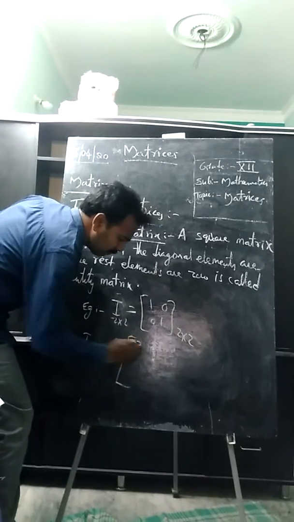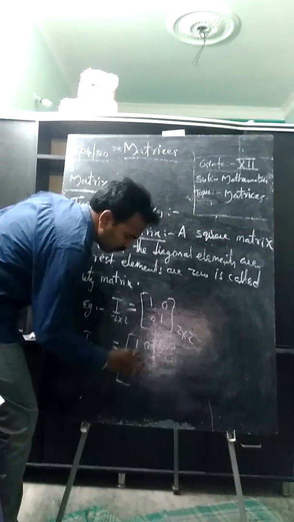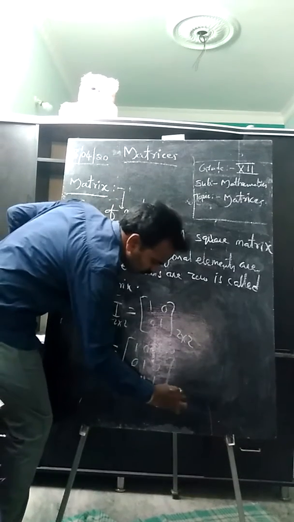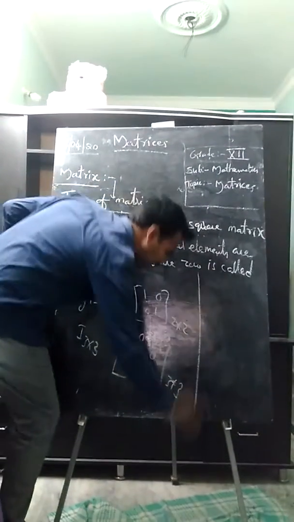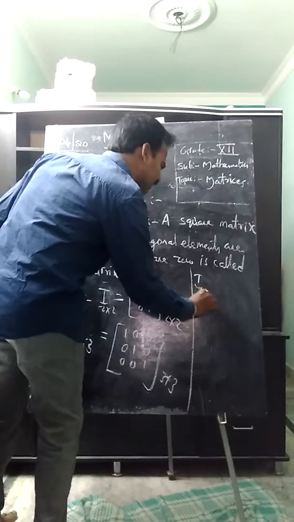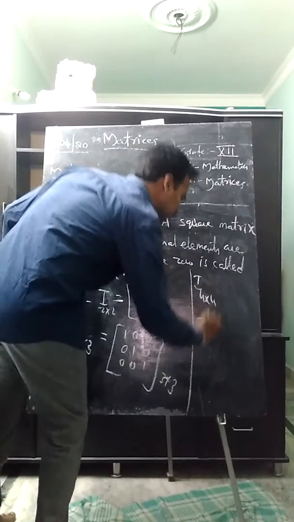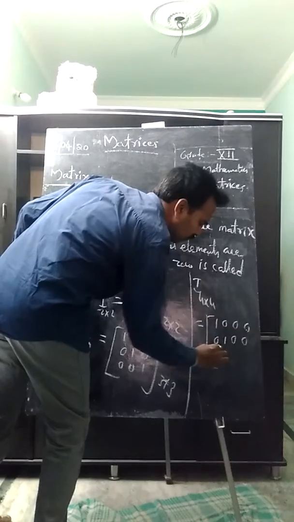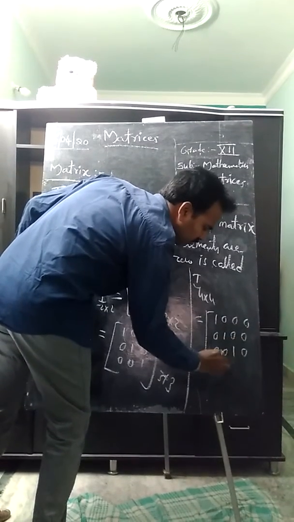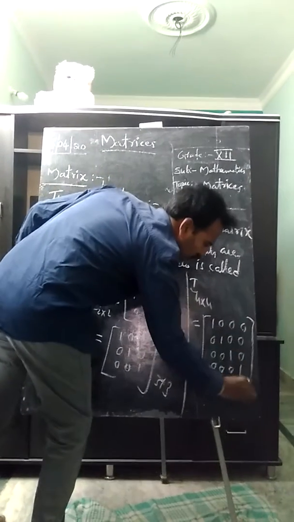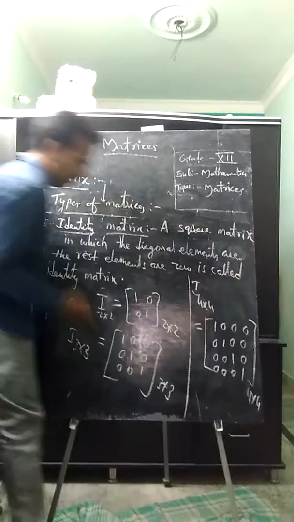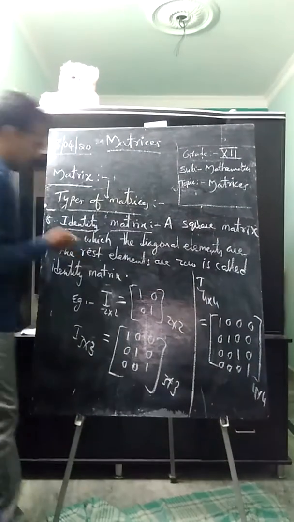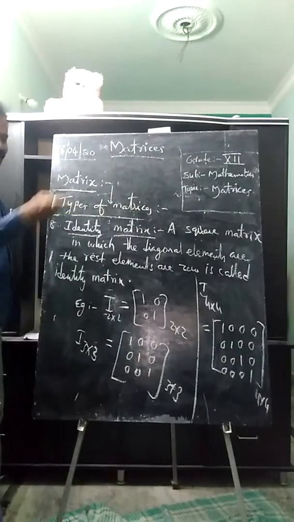The condition is that it should be a square matrix, students. Now the identity matrix of order 4 by 4, that is 1 0 0 0, 0 1 0 0, 0 0 1 0, 0 0 0 1. Observe here, students, it's a square matrix, the diagonal elements are 1, and the rest are zeros. So this is called an identity matrix.